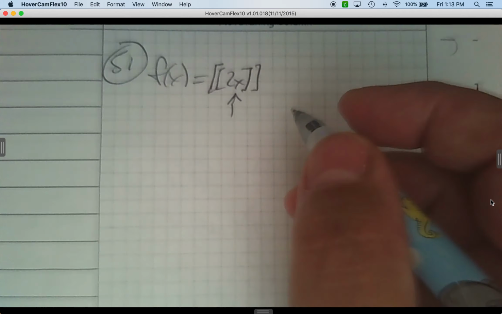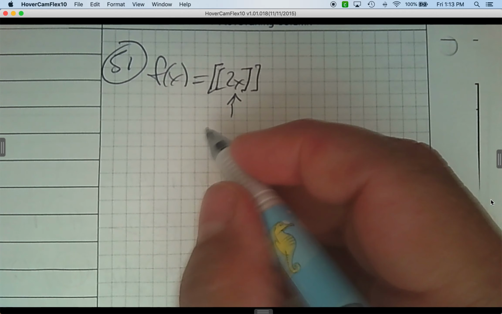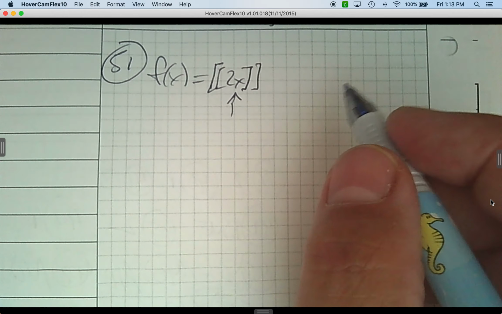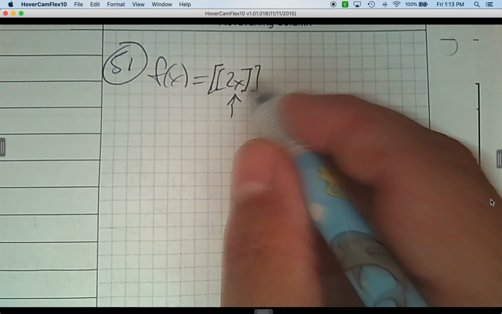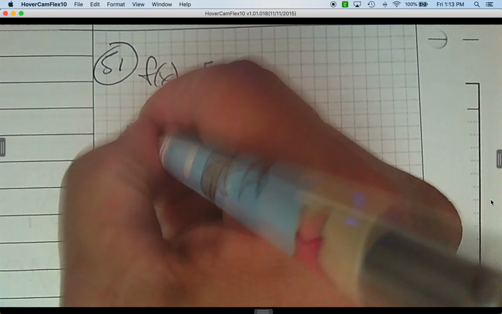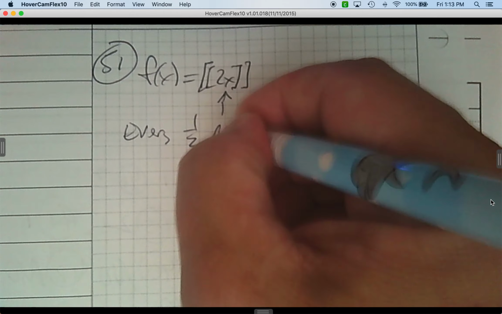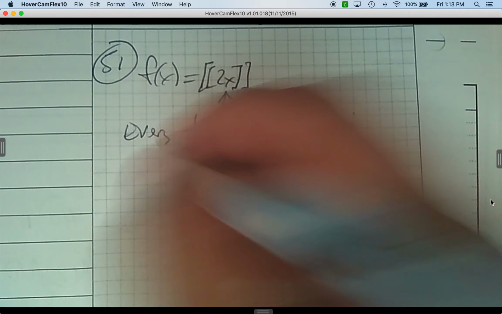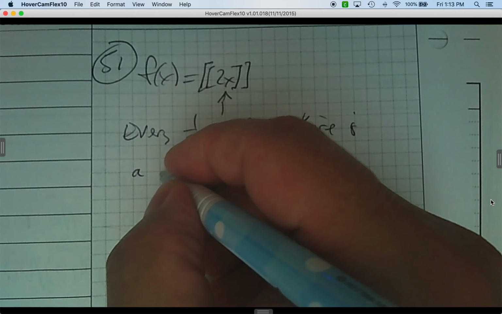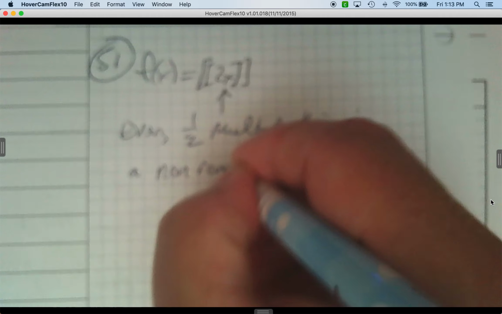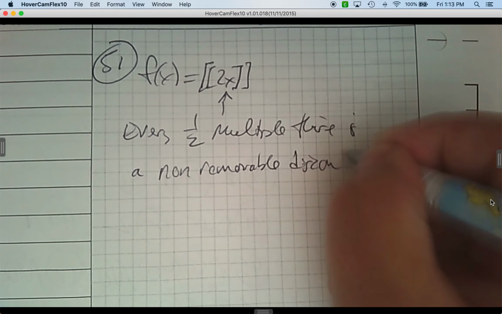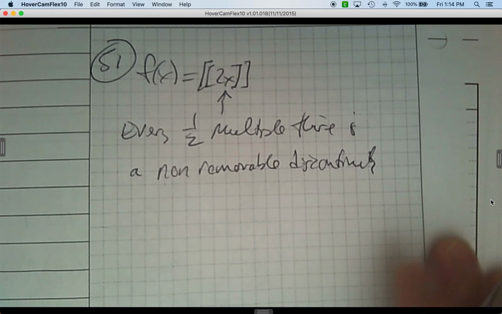I want you to notice that not only when you plug in 1, 2, 3, and 4, but if you plug in half numbers, it would also make it an integer. So 1 half, 3 halves, 4 halves. So every half multiple is a non-removable discontinuity, because the limit does not exist, because there's a jump discontinuity, for 51.